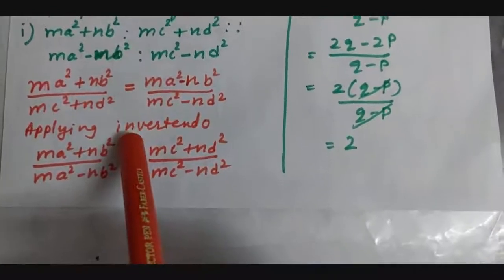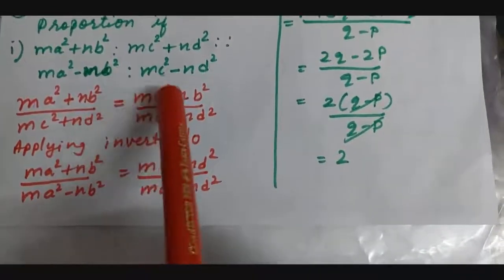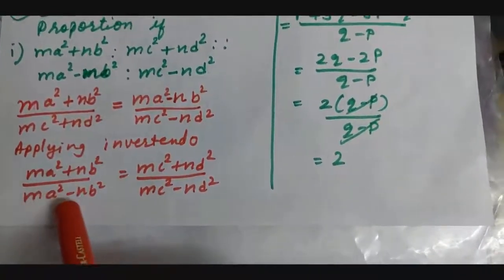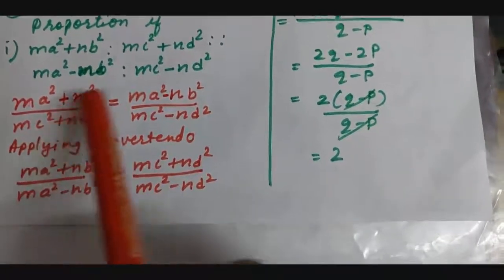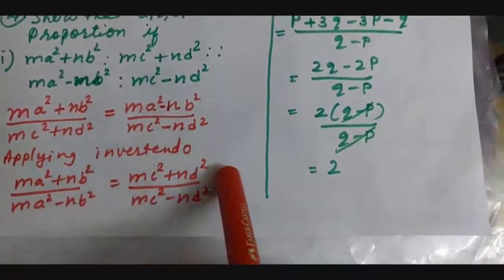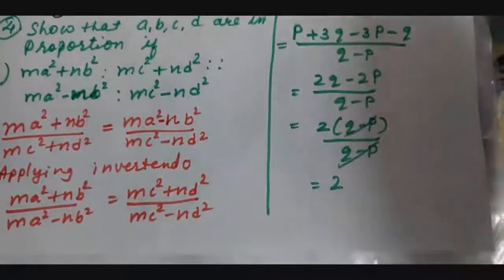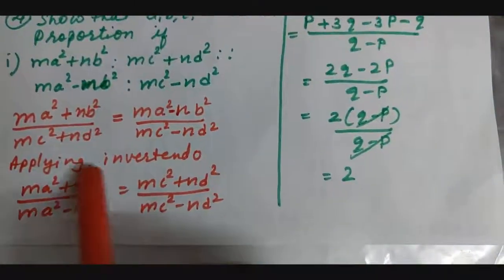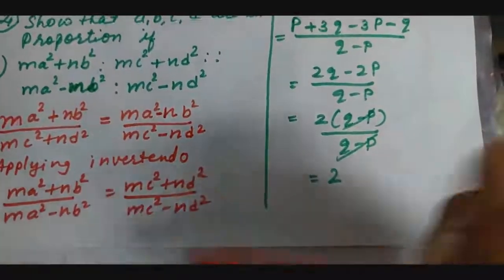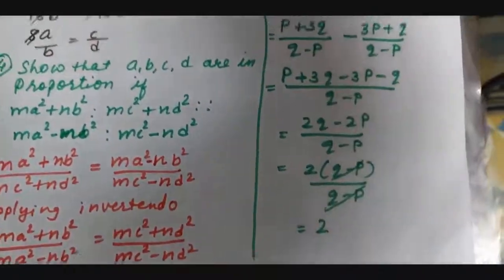You see I have applied invertendo here. That means ma square minus nb square here and mc square plus nd square in the numerator. You have to take care of this. Now you see that on the left side are all ab terms and on the right side all cd terms.